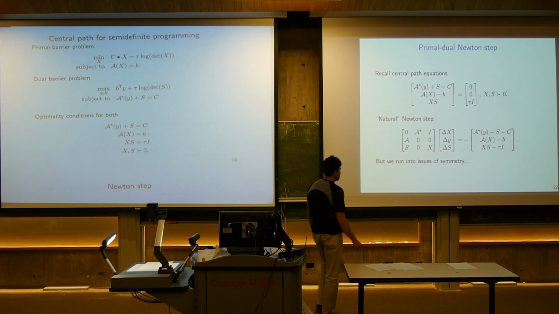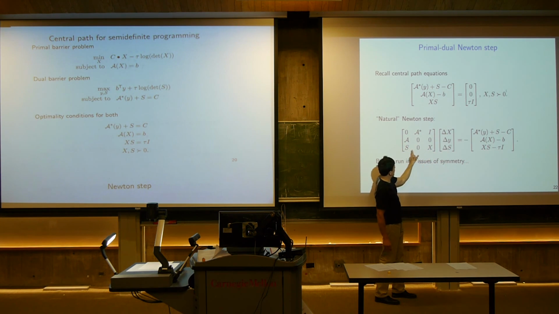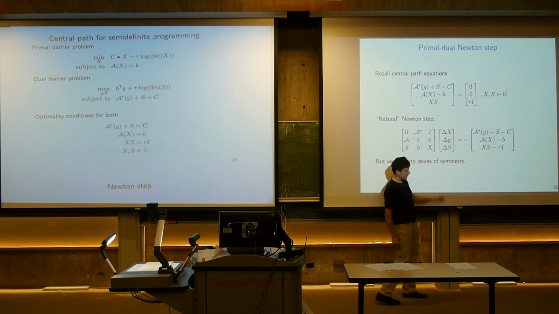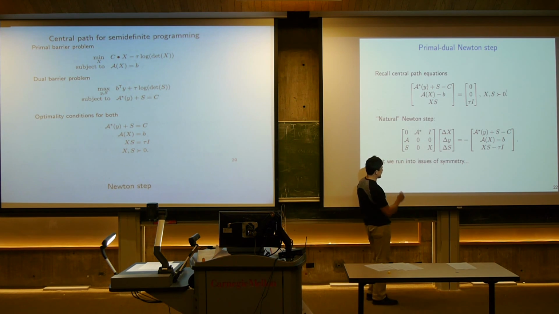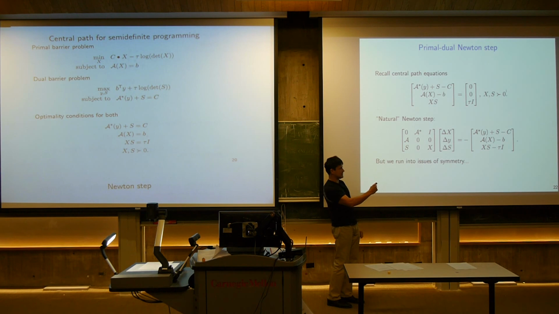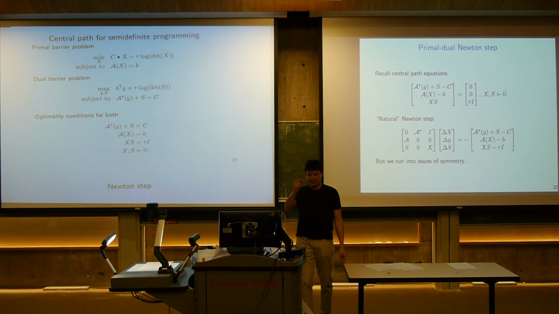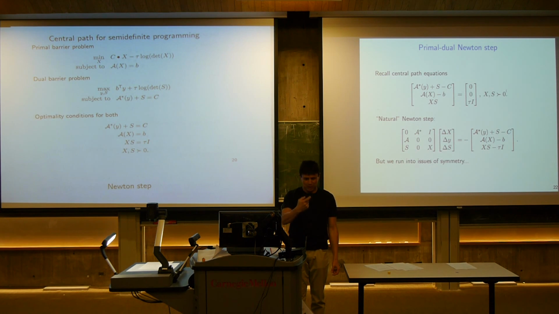If we solve this system of equations, X and S are matrices, and I want delta X and delta S to be new matrices that I add up to X and S. Even if S and X are symmetric positive definite matrices, this is something that you learn in your freshman or sophomore linear algebra course: if you take the product of two symmetric matrices, is the product symmetric? Yes or no?